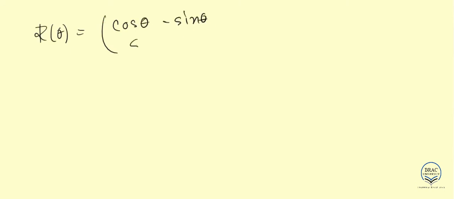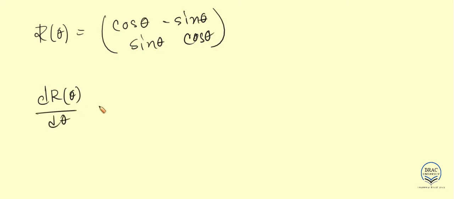That is, we have our R of theta, so now we ask what is dR of theta by d theta, right? That is the first derivative. So the idea for that is to perturb each of these elements and then take the limits to be 0.